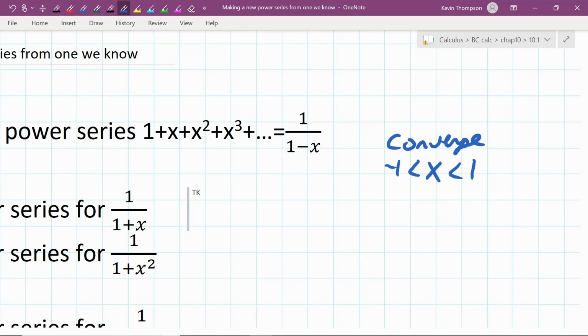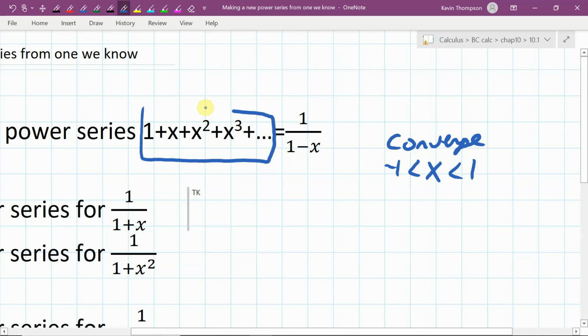That's the easy part. Ready? Do you realize what we're actually saying here is that this infinite polynomial is the same as that rational function on this interval?